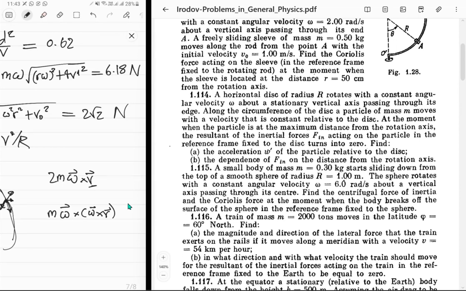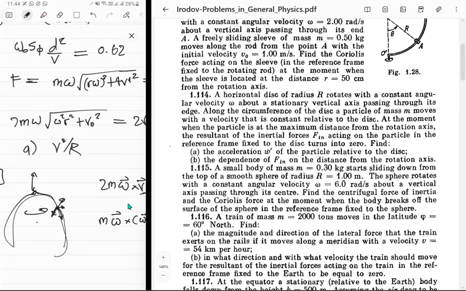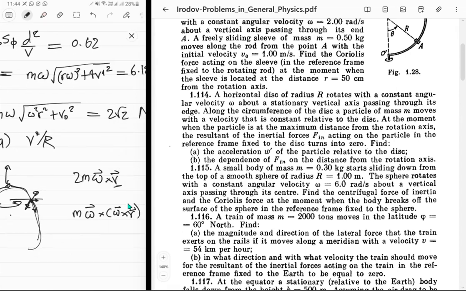I don't remember exactly. Omega dot r, usually it would be 0. In this case as well it's going to be 0 because we just take r to be this thing. So then you could just go with omega squared r, which makes sense. Okay, that's that centrifugal force.